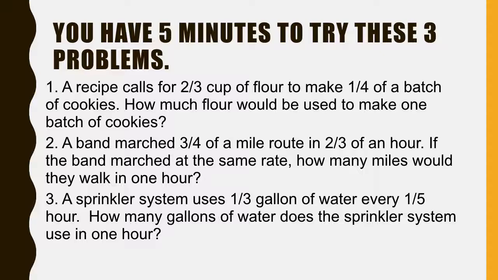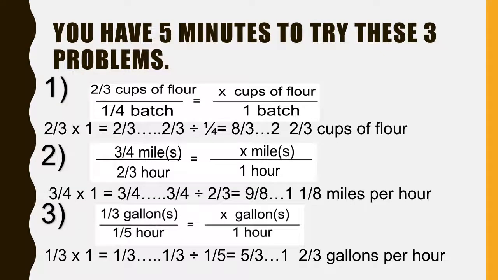Now we're going to go over them. For the first one, we're comparing cups of flour with batches. So you have 2/3 cup of flour with 1/4 of a batch. X cups of flour with 1 batch. 2/3 times 1, 2/3 divided by 1/4 is 8/3.